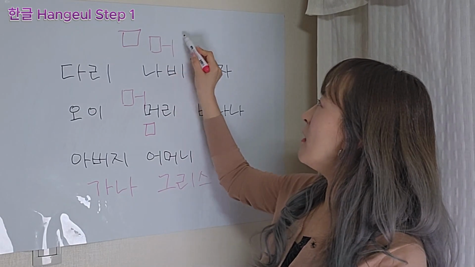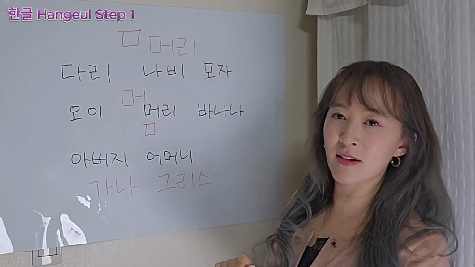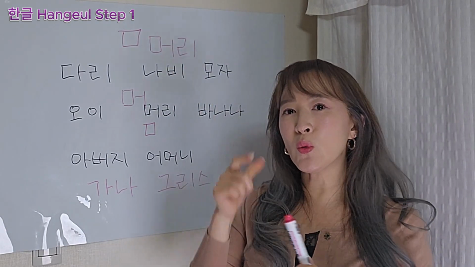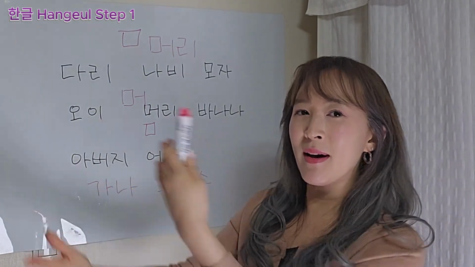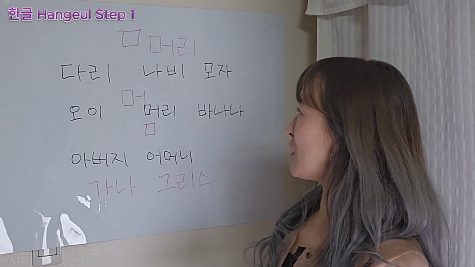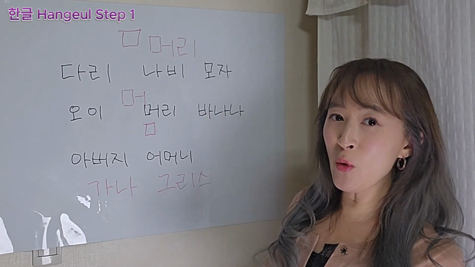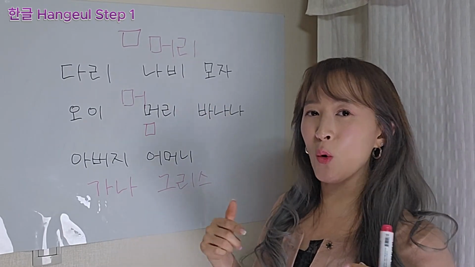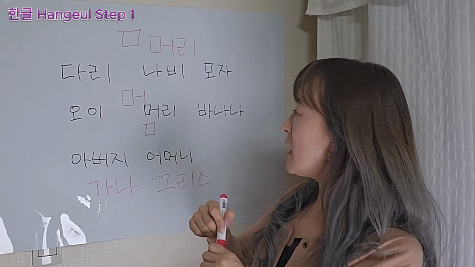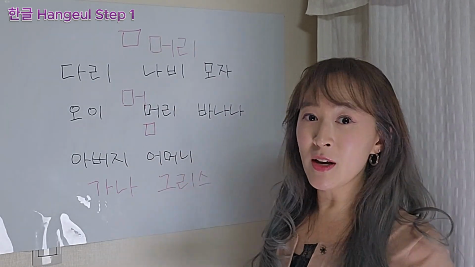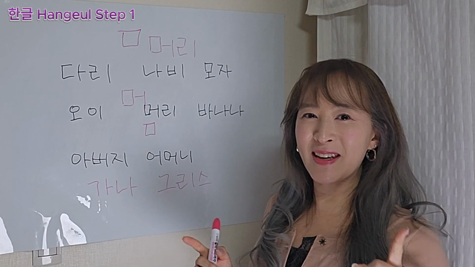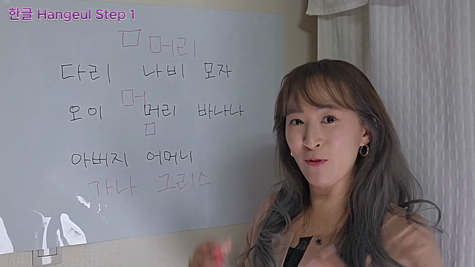So mo, ri, right? So when you get confused with the order, you can go back to the beginning of this video and see how I wrote them. Or if you look at your worksheet, you will see the order of writing these consonants and vowels. So I hope you get to use the worksheet and have fun with it.